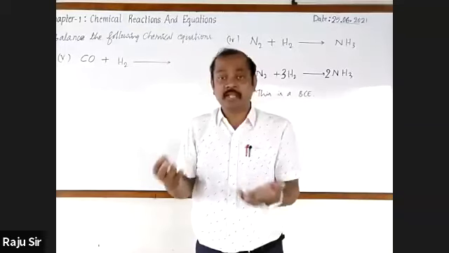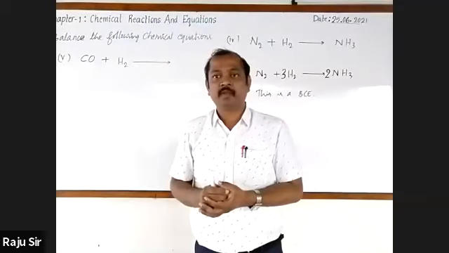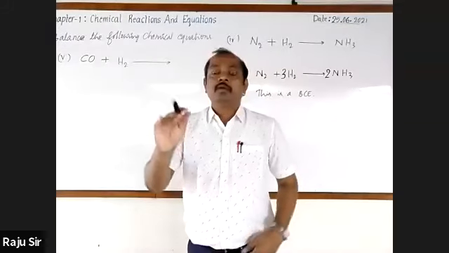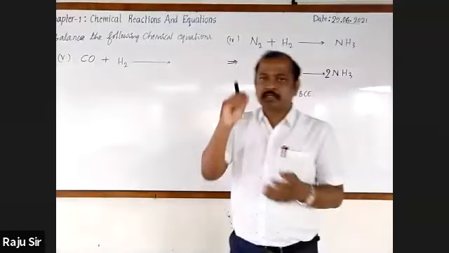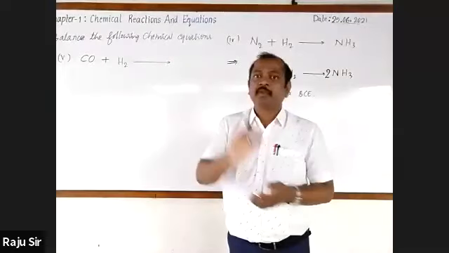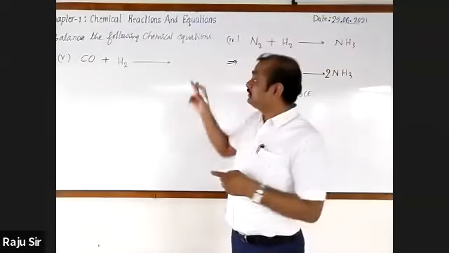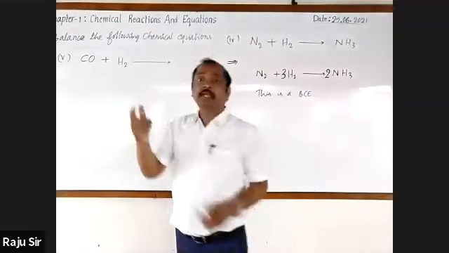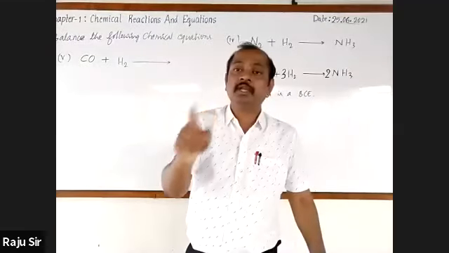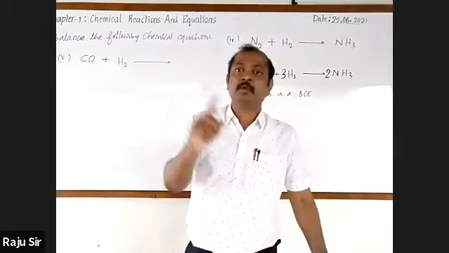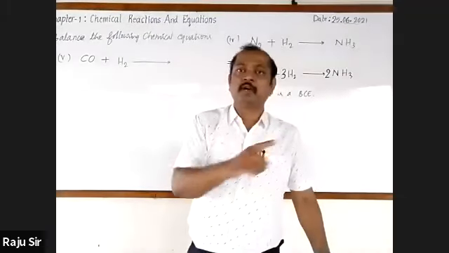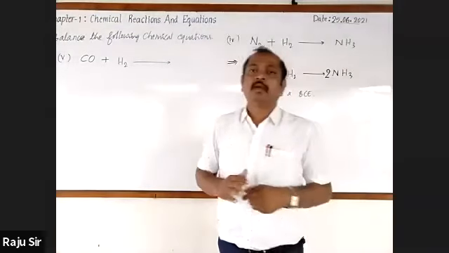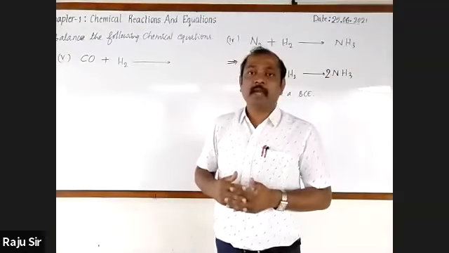It even catches fire as well. There, at normal temperature only, the reaction has taken place. But in this case, the reaction should be heated to a temperature of 300 degrees Celsius with a pressure of 300 atmospheres in the presence of a catalyst called manganese dioxide.